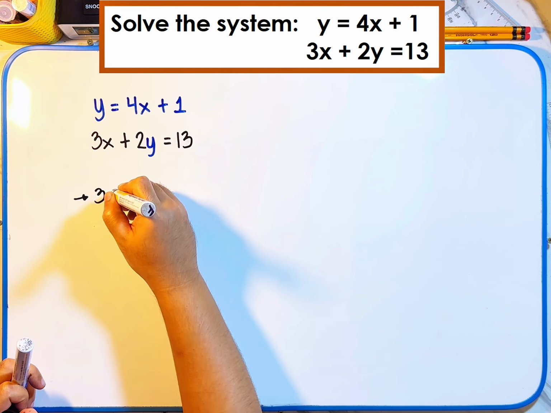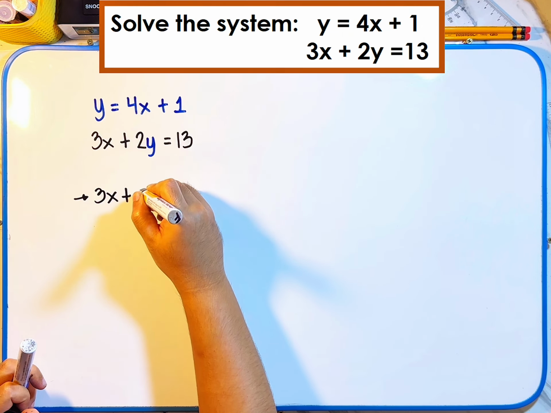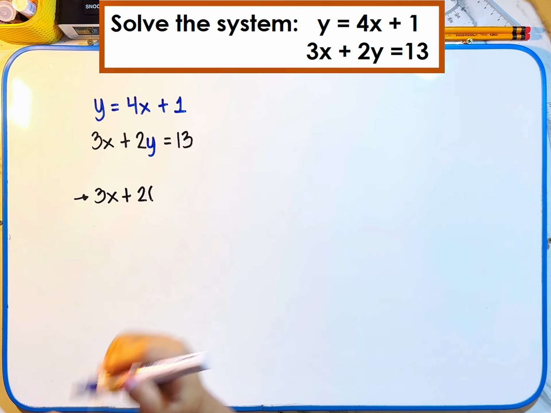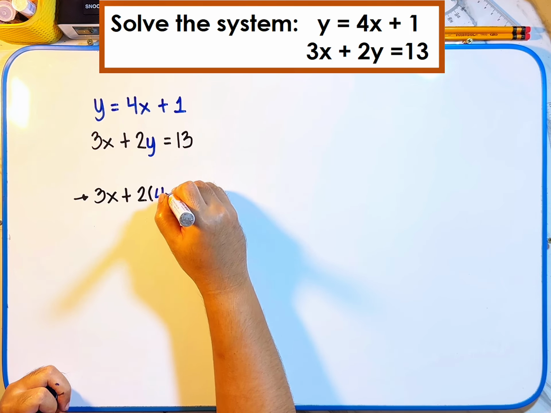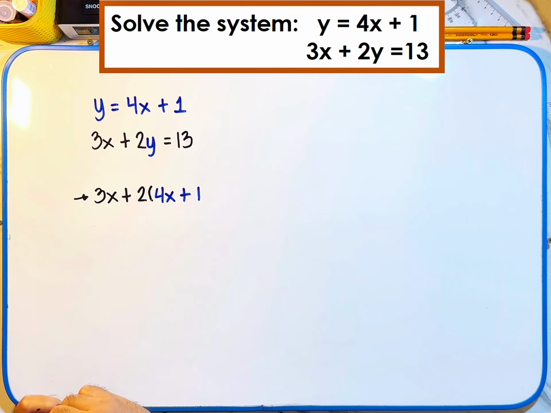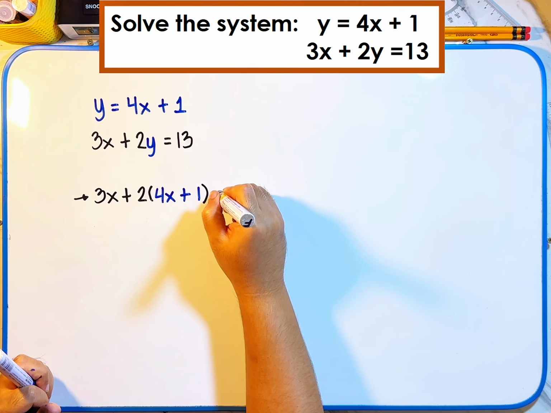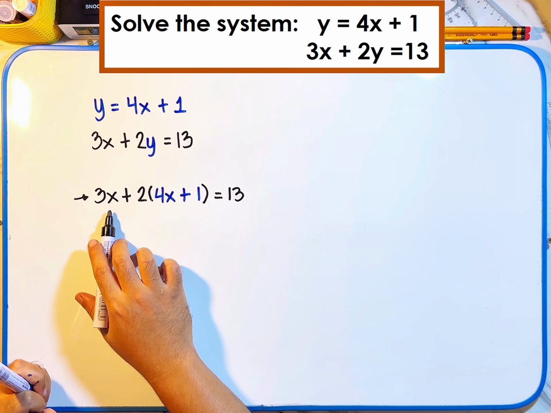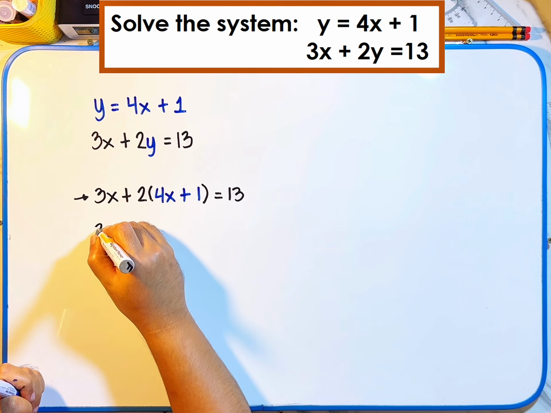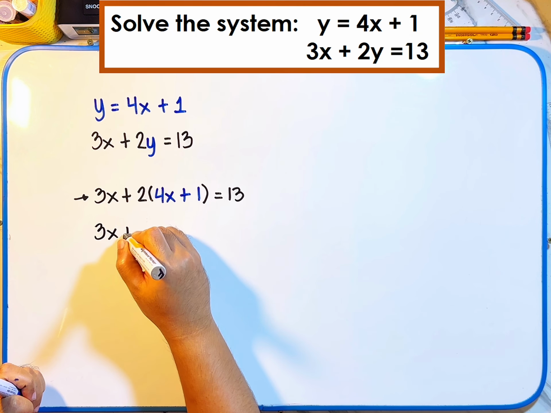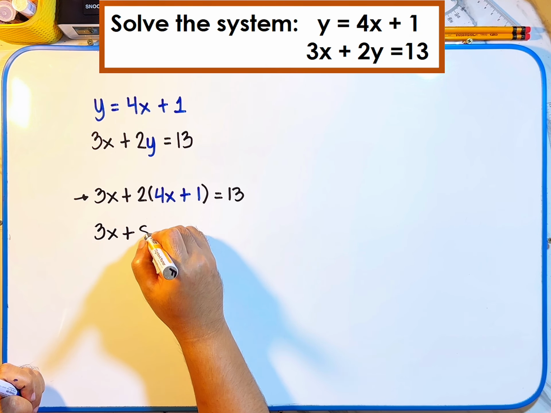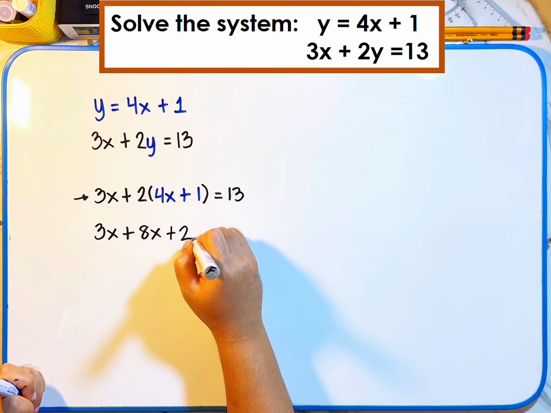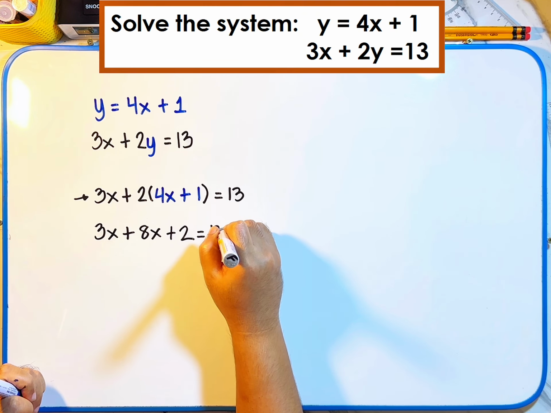Okay, so let's do that. We have 3x plus 2 times y, and y is equal to 4x plus 1, equals 13. The only variable left is variable x. Solve for x. 2 times 4x is 8x, while 2 times 1 is 2, equals 13.